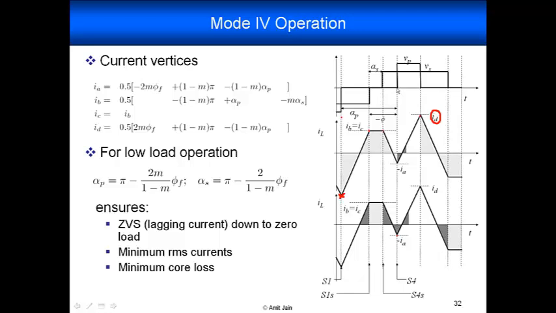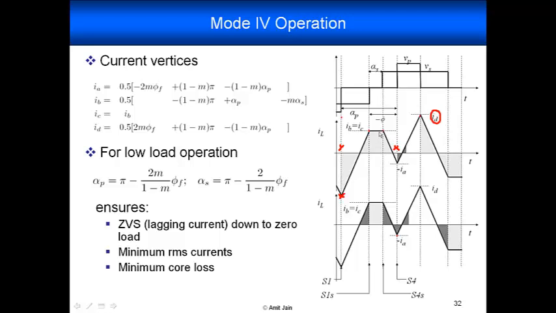So there is zero voltage across the primary of the transformer between this point and this point. So there is no power being transferred from the primary bridge to the transformer in this time period.